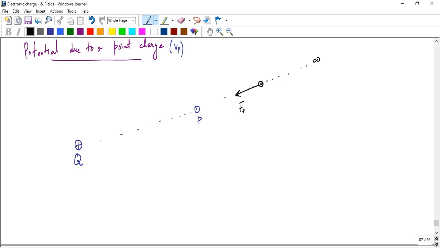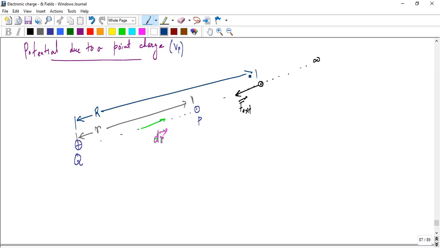That is F external, from infinity to point P, and the distance is small r, that is a dr vector. Now the distance from here to that arbitrary point is equal to capital R. Choose any arbitrary point here.